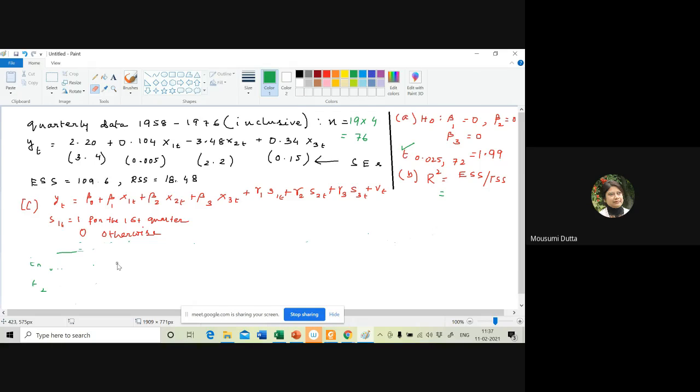Please write down: when three seasonal dummy variables were added and the equation was re-estimated, the explained sum of squares, ESS, rises to 114.8.